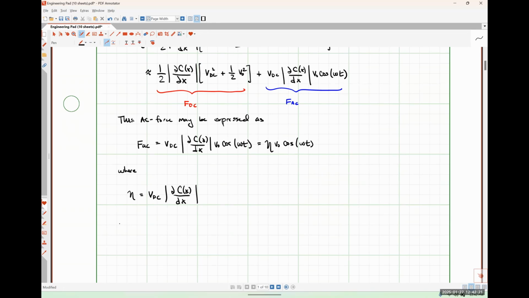And this is known as the electromechanical transduction factor. Sorry, I wrote faction, that should be factor.